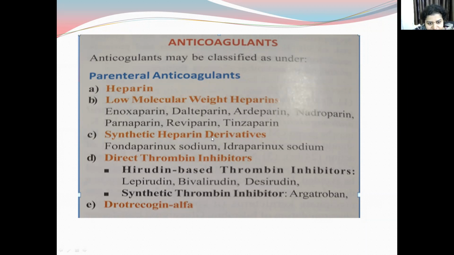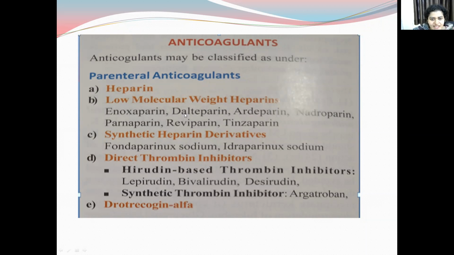Synthetic heparin derivatives include the drugs fondaparinux sodium and idraparinux sodium. Then direct thrombin inhibitors, that is hirudin based thrombin inhibitors, which includes lepirudin, bivalirudin, and desirudin. Synthetic thrombin inhibitor, that is argatroban. And last is recombinant human protein C derivative, that is drotrecogin alfa.